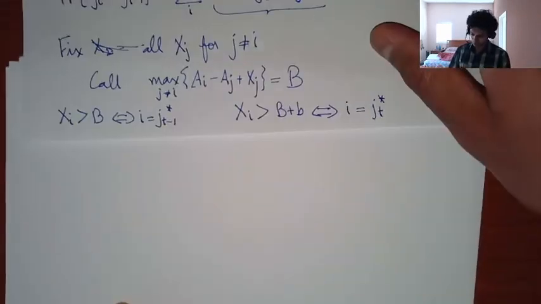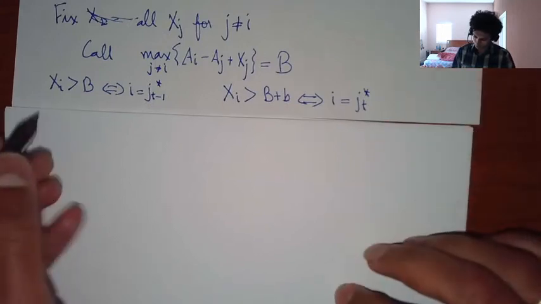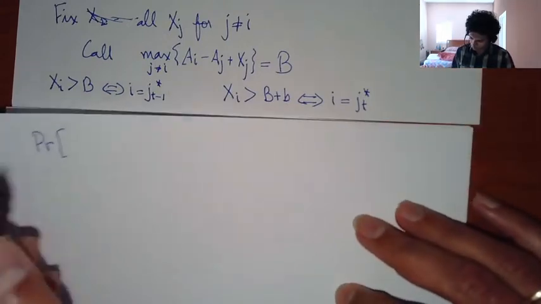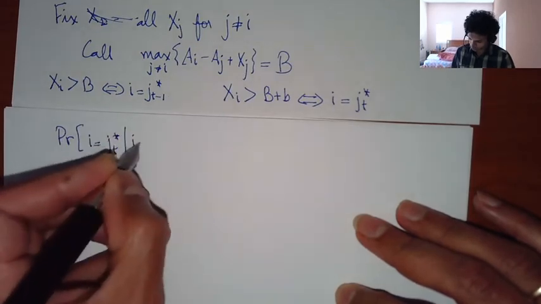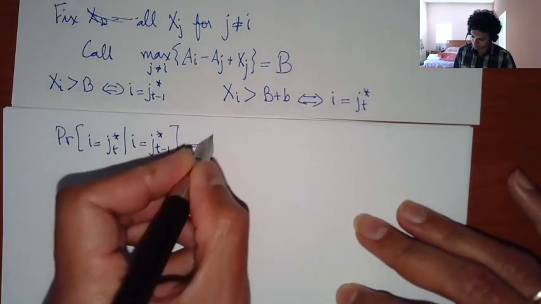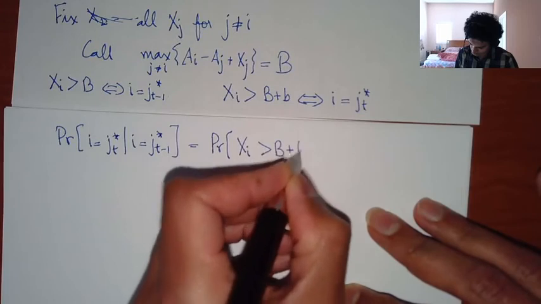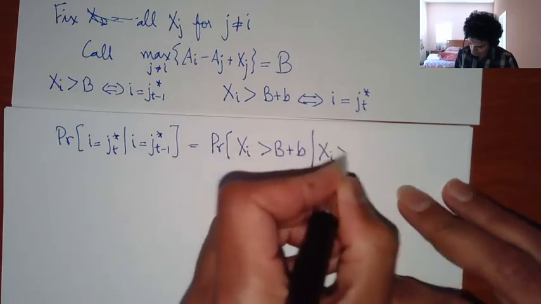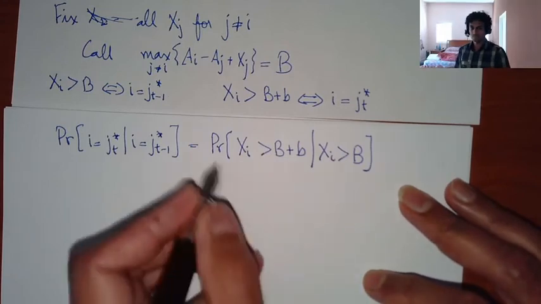So putting this together, the probability that I is equal to jt star conditioned on I being equal to jt minus 1 star is equal to the probability that xi is greater than B plus b conditioned on xi being greater than B. And this is what we need to bound.